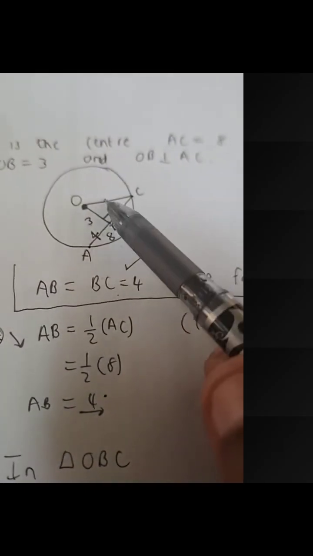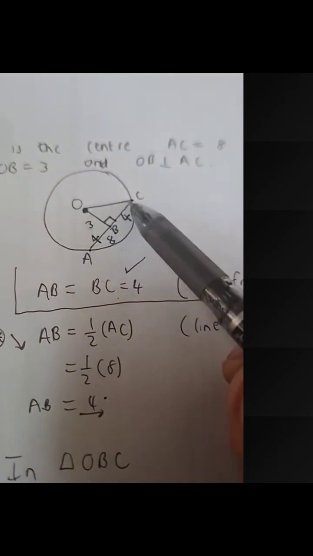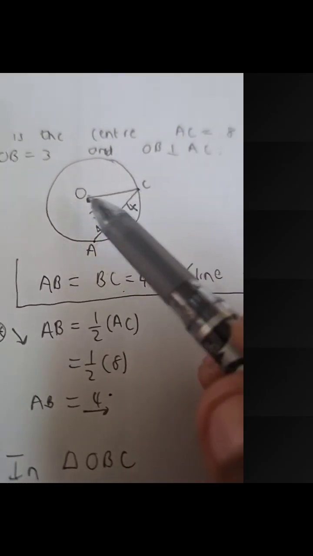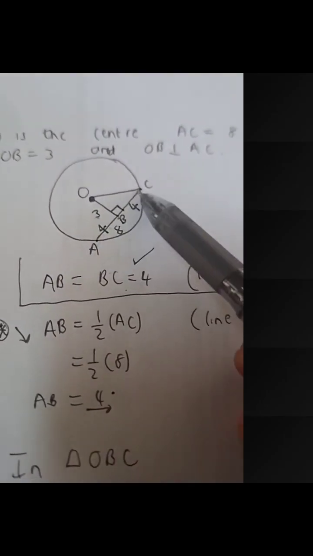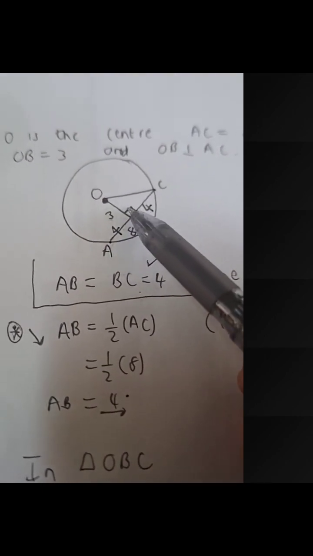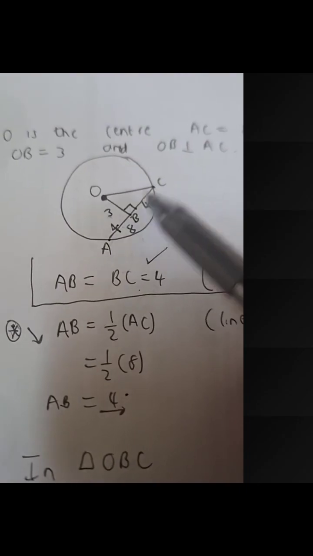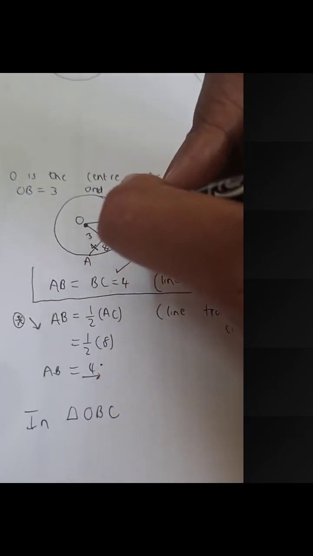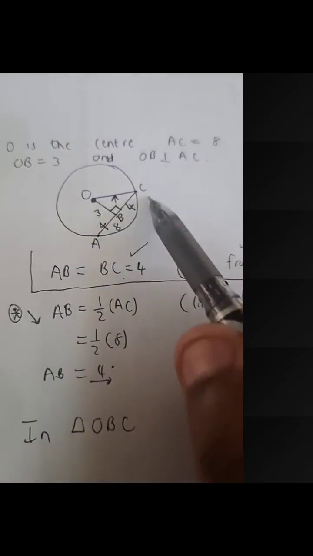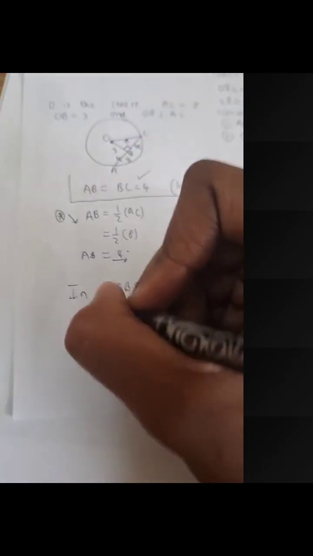The theorem of Pythagoras states that the square of the hypotenuse side is equal to the sum of the squares of the other two sides. I repeat, the hypotenuse is always the longest side of your triangle. It is always opposite your 90-degree angle. This is called the hypotenuse. OC squared.